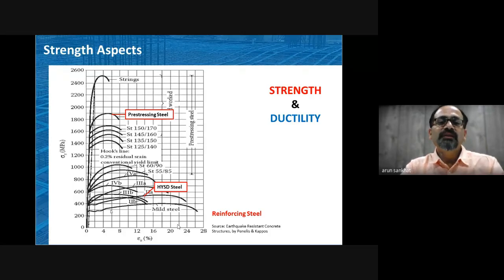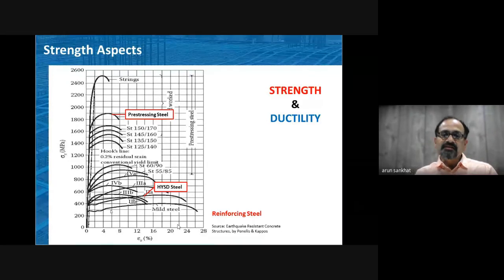So actually we are gaining something, but we are losing something in the material. At one end, we are gaining on the strength part, but we are losing on the deformation, or extension, or ductility part of the material. This is as far as core steel is concerned. HYSD steel is more ductile than pre-stressing steel.